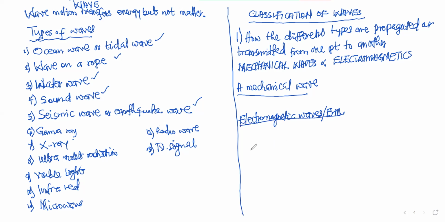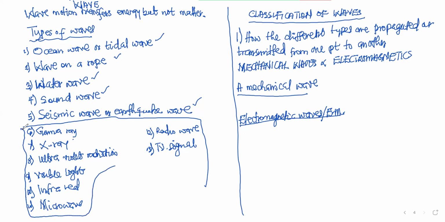Okay, please, starting from gamma ray down to TV signals, they are all electromagnetic waves. They are actually grouped under the electromagnetic spectrum. They have certain things in common.